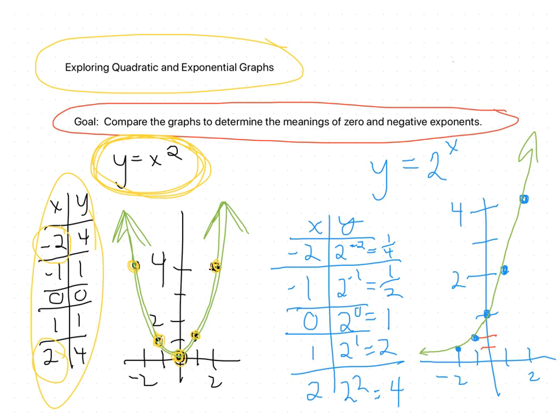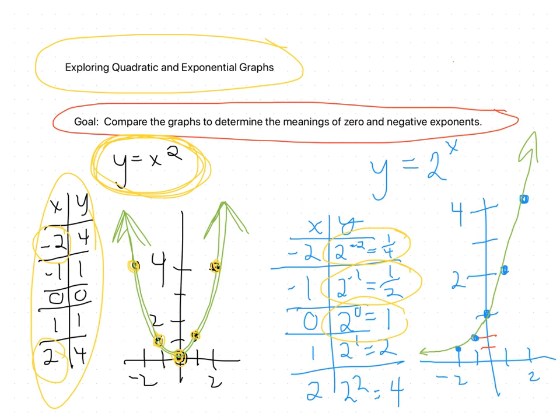Now the exponential curve. We're going to first talk about the exponential curve and consider the negative and zero exponents, and then on the next page we're going to further zoom in on the meanings of zero and negative exponents. So looking at the table, 2 to the exponent 0 is 1, and 2 to the negative 1 becomes 1 over 2, and 2 to the negative 2 becomes 1 over 2 squared, which is 1 over 4.